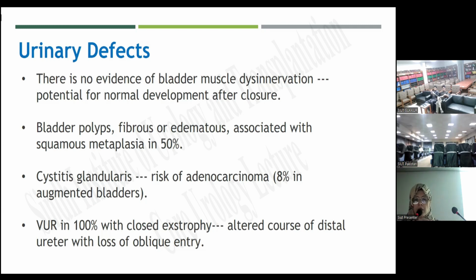The ureteric reflux is seen in 100% of the cases with the closure, and it is one of the reasons that ureteral reimplantation is performed at the time of bladder neck reconstruction in the cases of surgical correction of the EC. There is a long debate regarding the normal neurological development of the bladder after the surgical correction.